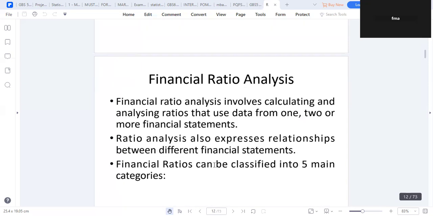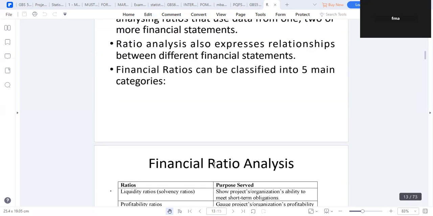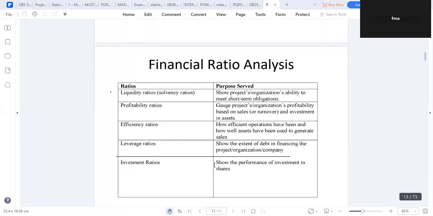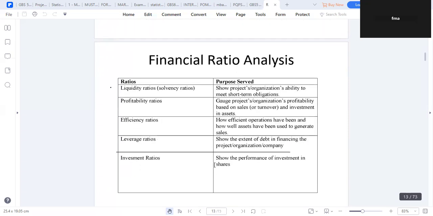Financial statement analysis basically involves us calculating ratios using data from one or two or more financial statements, expressed as relationships. So financial ratios fall into five main categories. Number one, we have the liquidity ratios.